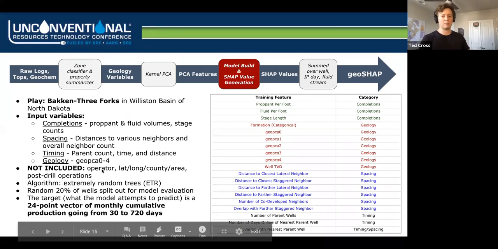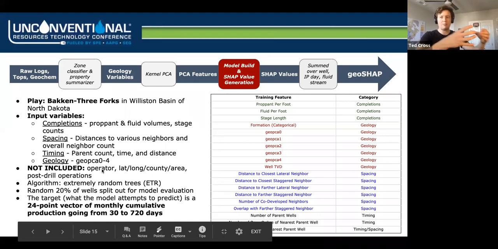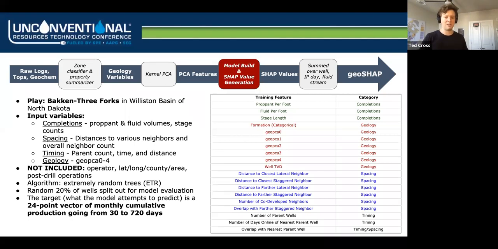Operator can tend to represent a specific area of the basin, because operators usually have concentrated positions. So it's pretty cool that the model is able to learn where the high rock quality is without essentially being told even where the wells relate to each other in physical space.